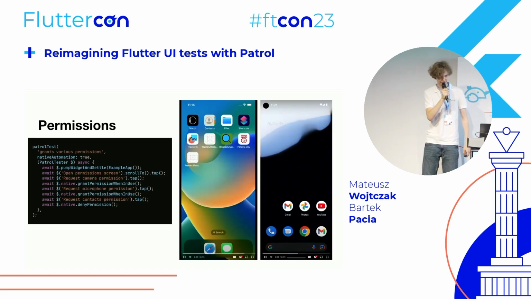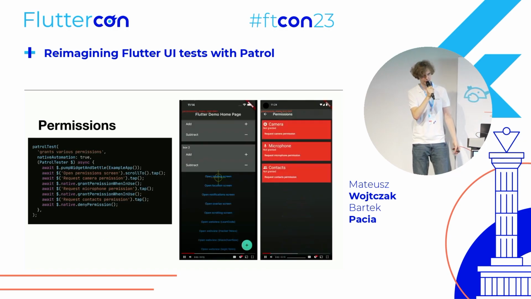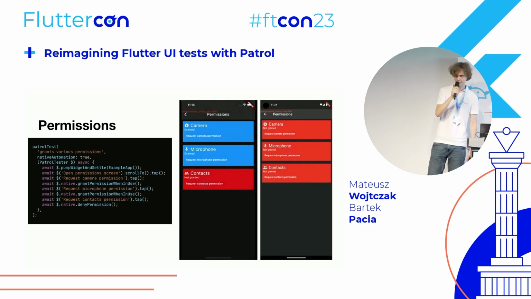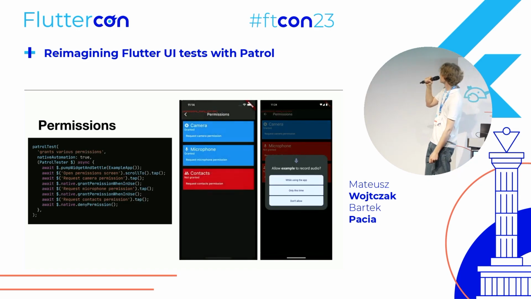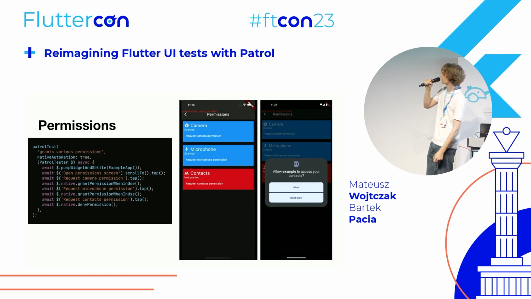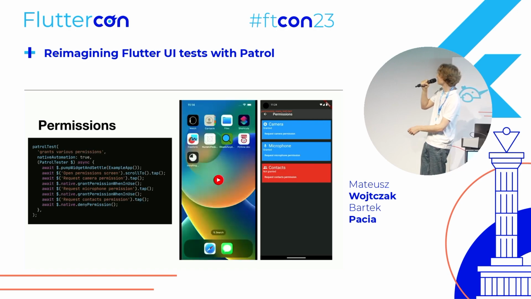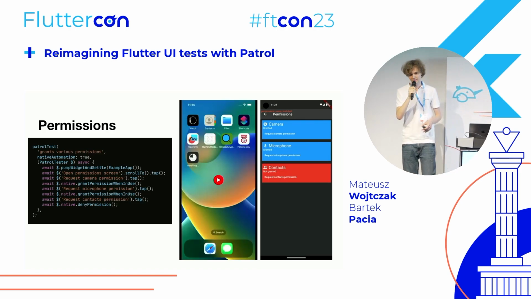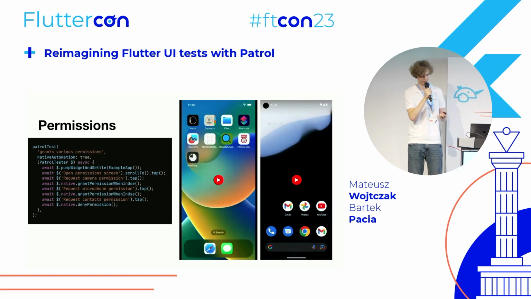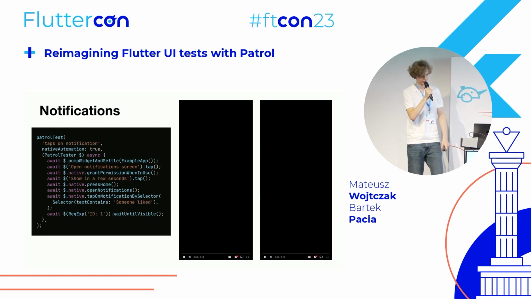And let's take a look at a few most common use cases. So of course permissions, and they just work out of the box. You have that $, which is the Patrol tester, and you simply call $.native.grantPermissionWhenInUse, for example, and it does exactly what you would expect it to do. It just works. It's that simple. Also notifications.